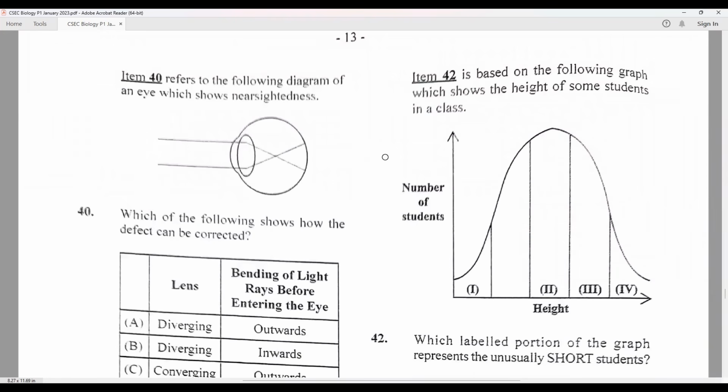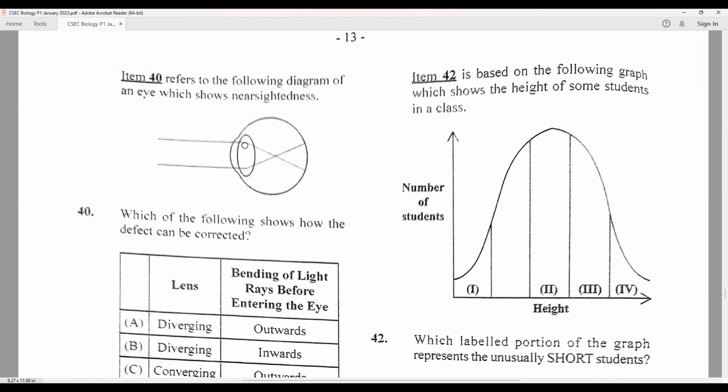Item 40 refers to the following diagram, an eye which shows nearsightedness. We have the image being formed in front of the retina, where the light is bent or crosses. That's where the image is supposed to be formed. Which of the following shows how the defect can be corrected?